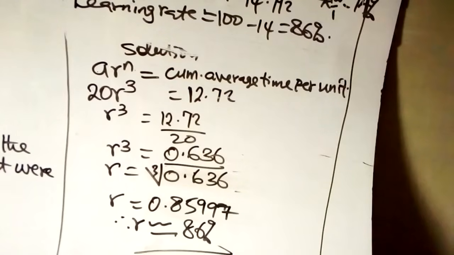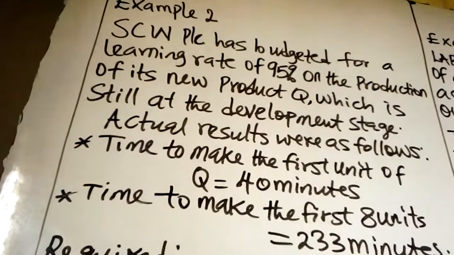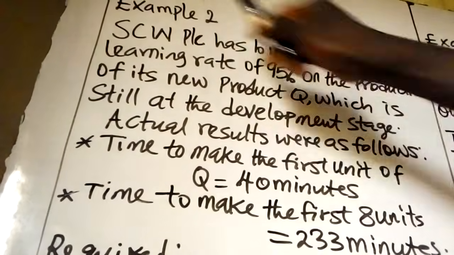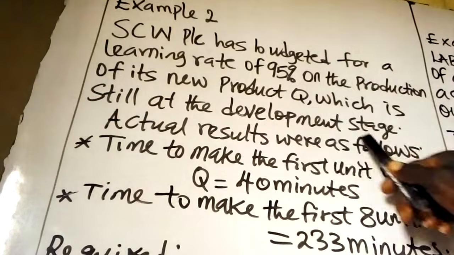Then we want to consider another worked example, example 2. This question is also obtained from Kaplan, ACCA Performance Management. The first question is equally obtained from Kaplan, ACCA Performance Management, F5 study text. SCWPSC has budgeted for a learning rate of 95% on the production of its new product, Q, which is still at the development stage.